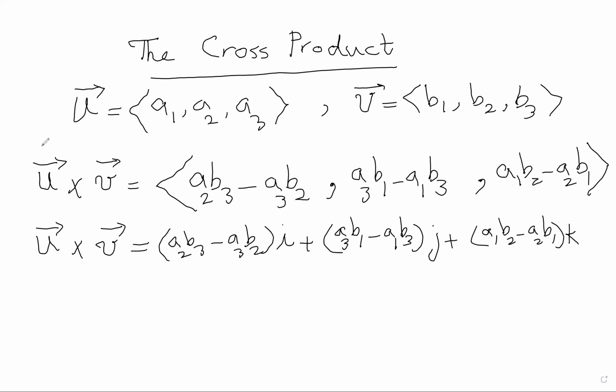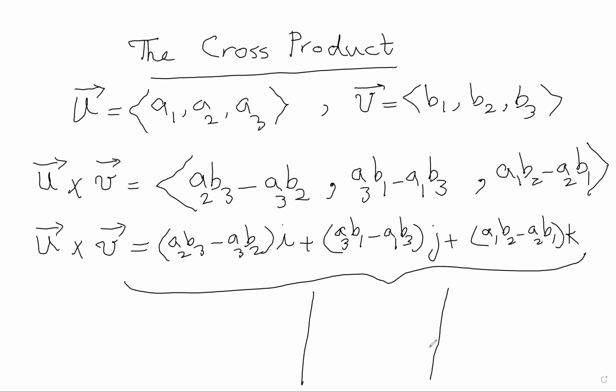As I mentioned earlier, there is an easier way to remember the cross product, and that's by using determinants. In fact, this form is the determinant of a 3x3 matrix. The first row consists of i, j, k.